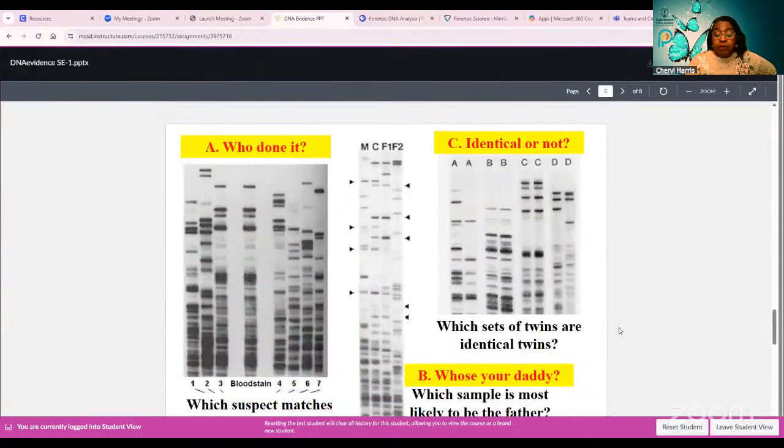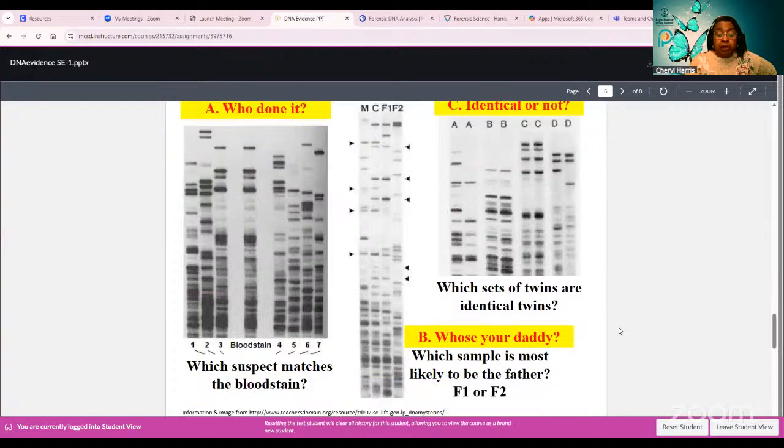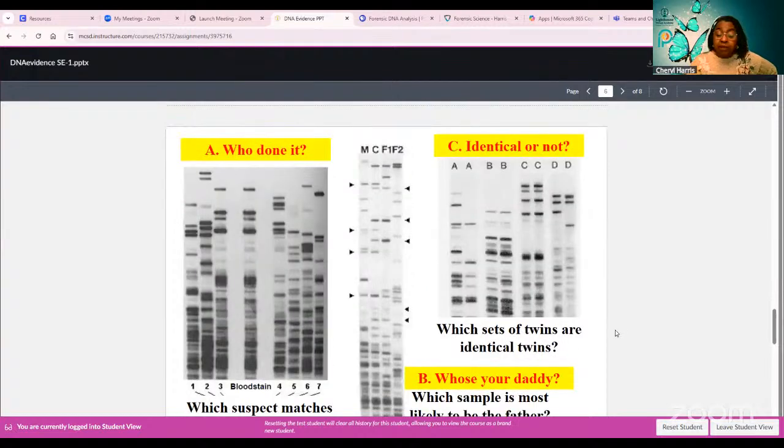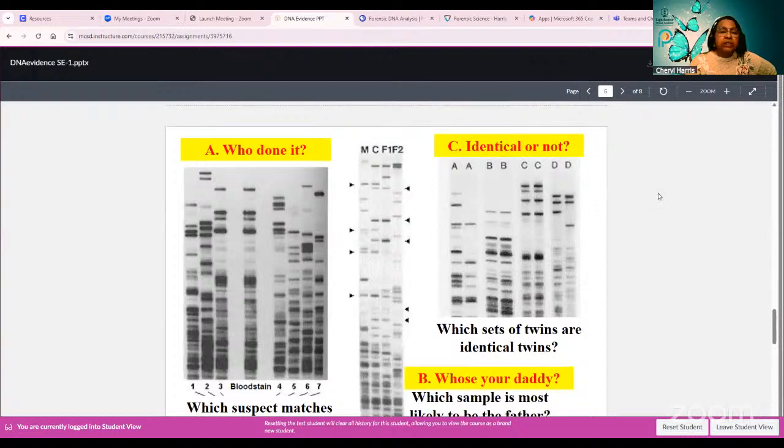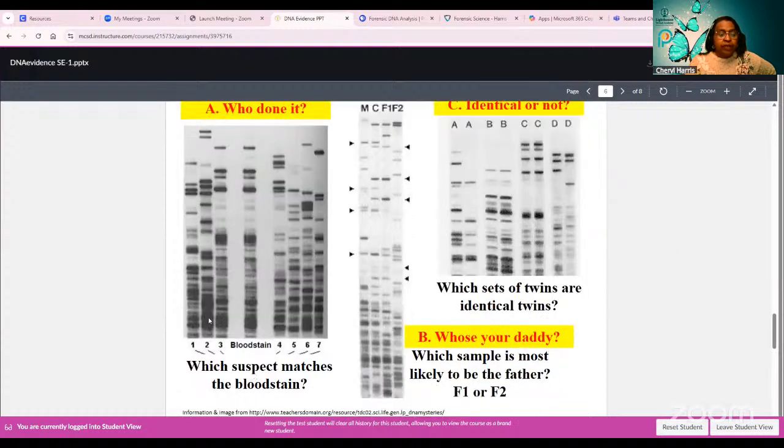So this is where you need to get out a Google notepad, because you're going to answer these questions. This is slide 6. And you're going to write down the question, who done it? We're going to look at this and we're going to say, which suspect matches the blood stain?